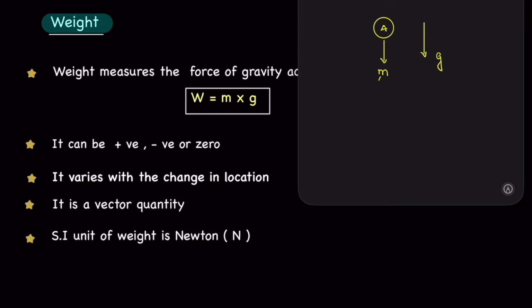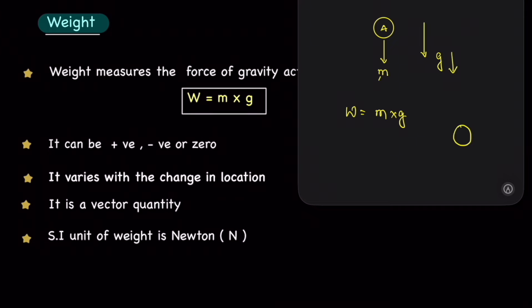Acceleration due to gravity is also in the downward direction. So both are in the same direction. So here weight is equal to m × g. But if we take the same body and this body is going in the upward direction, it has the same mass m and acceleration due to gravity is in the downward direction.